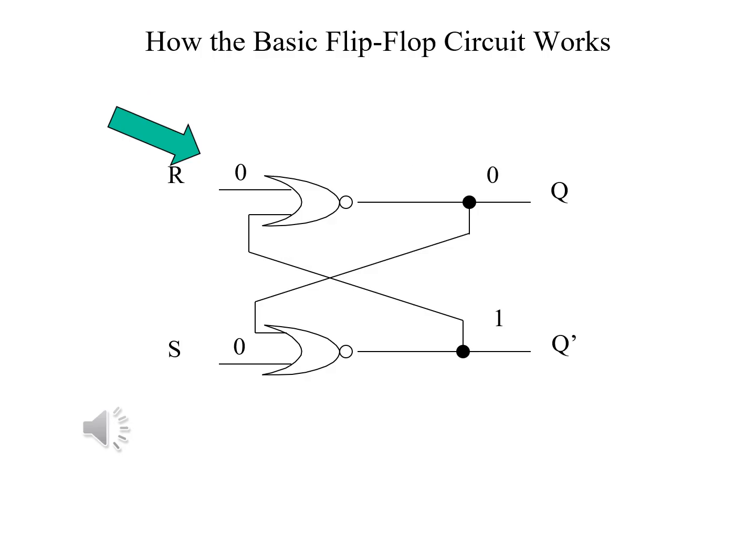Let's look at one last example with the RS flip-flop. This time the flip-flop is cleared to 0, and R and S will both remain as 0.